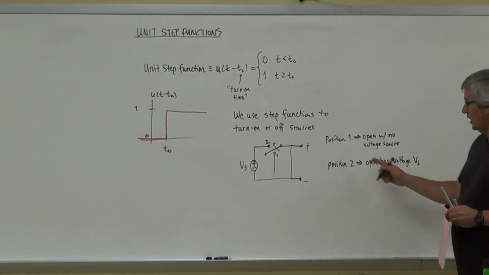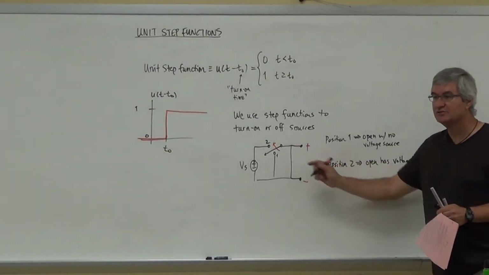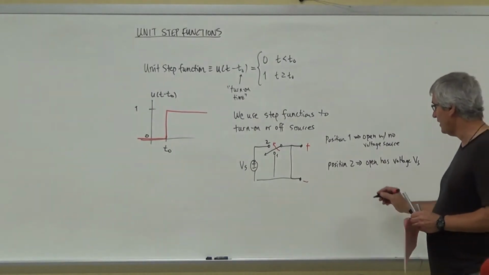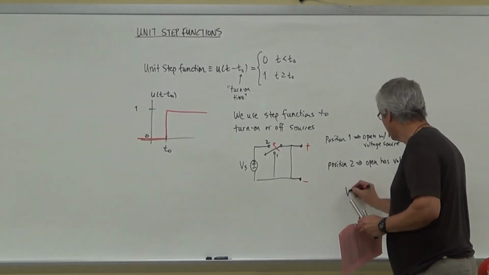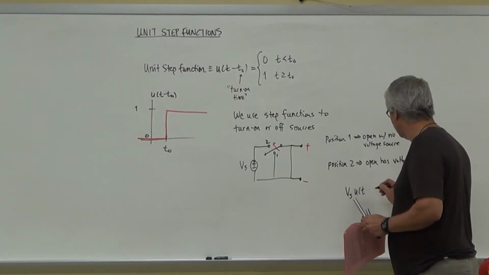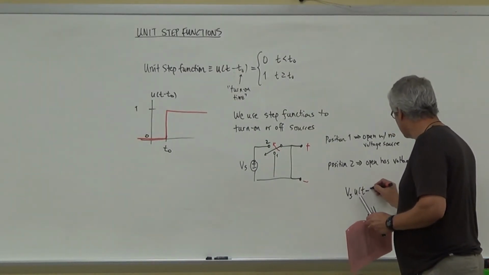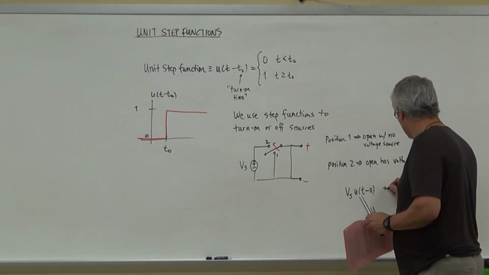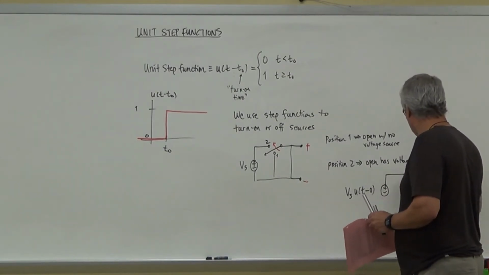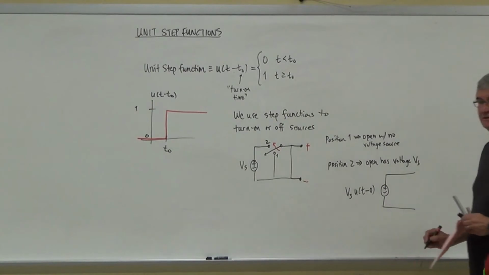So instead of drawing this circuit, I could redraw it so that I write this as Vs u(t minus 0), like this.